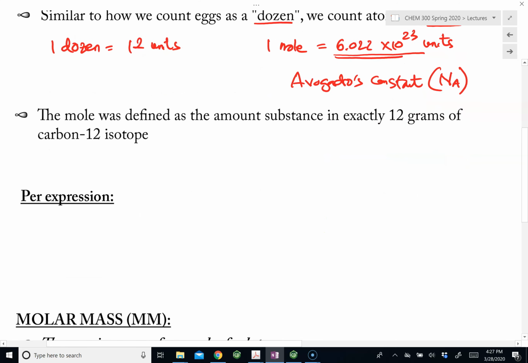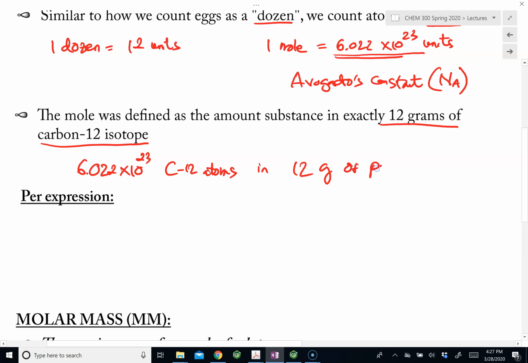And this value is defined in such a way that 12 grams of carbon-12 would have exactly 6.022 times 10 to the 23rd carbon-12 atoms in it. So basically, there are 6.022 times 10 to the 23rd carbon-12 atoms in exactly 12 grams of pure carbon-12.